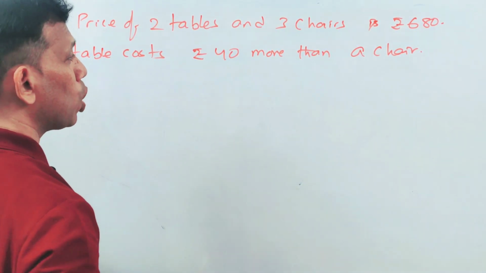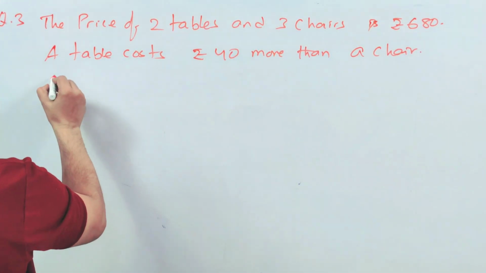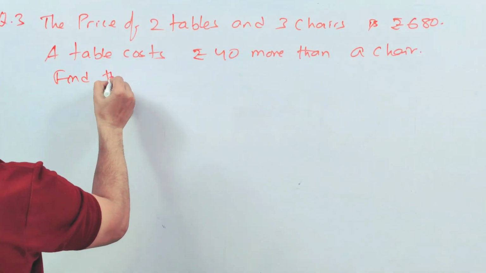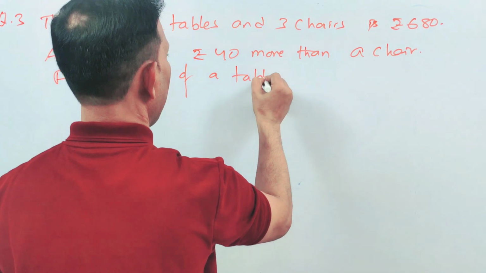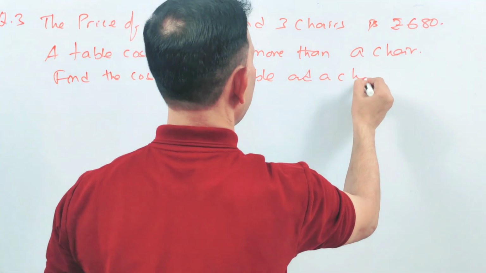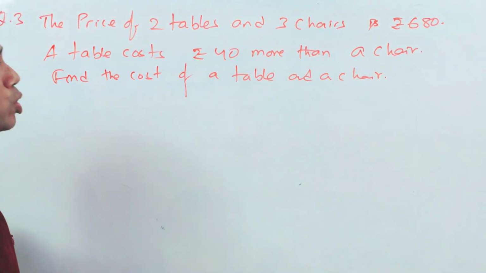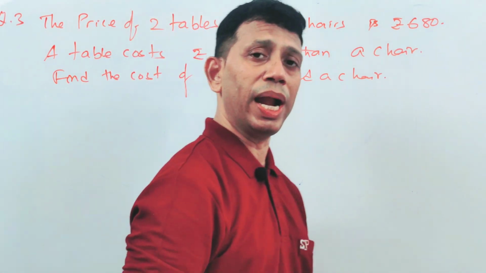Then find the cost of a table and a chair. Find the cost of a table or one table and one chair.